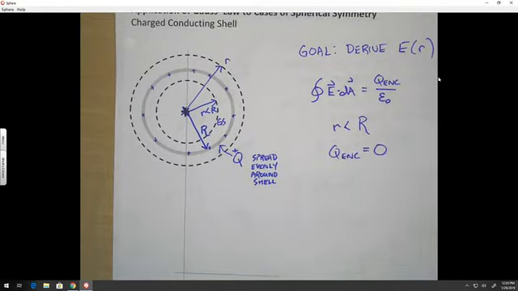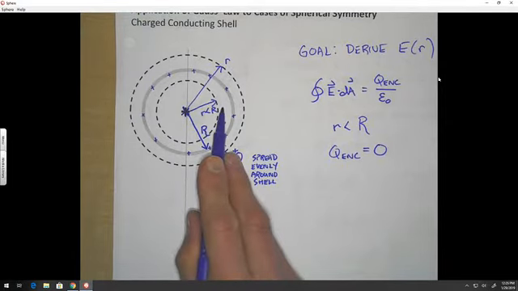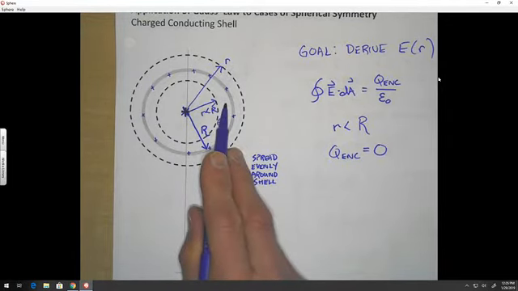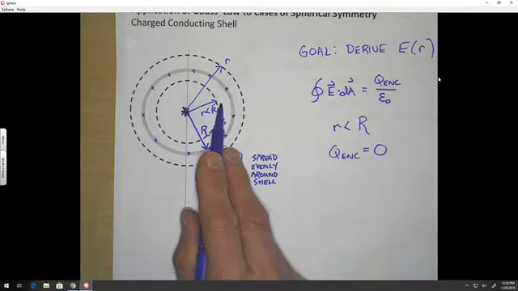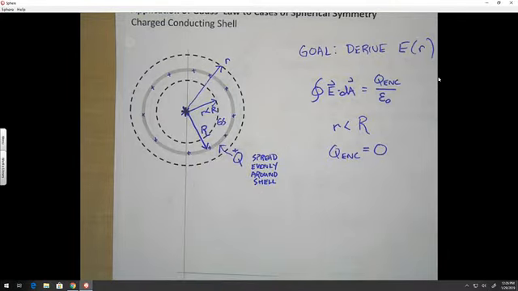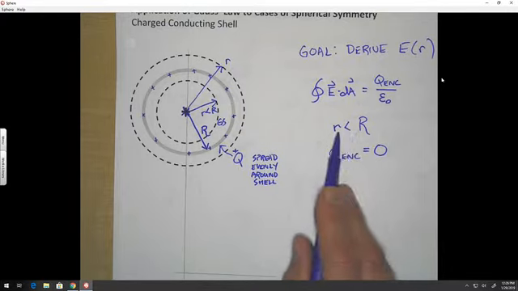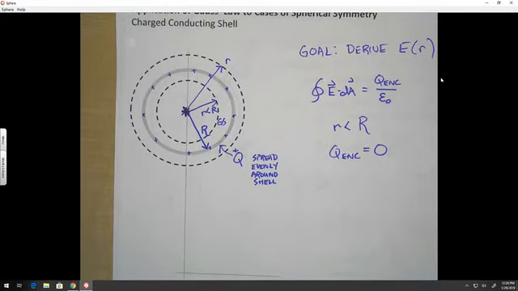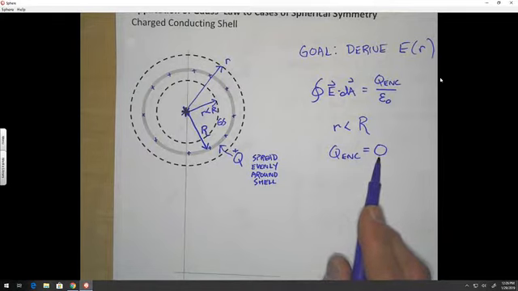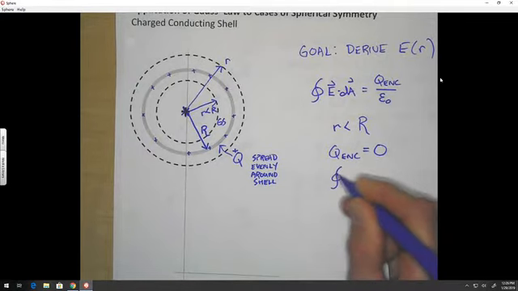Now, what if r gets pretty close to the radius of the real shell, but not quite there? What if it's just on the inside? Does that make a difference? As long as little r is less than big R, are you ever going to have anything enclosed? You won't, right? Because there's nothing in there. That's important because if your Q enclosed is equal to 0, then this integral is equal to 0.